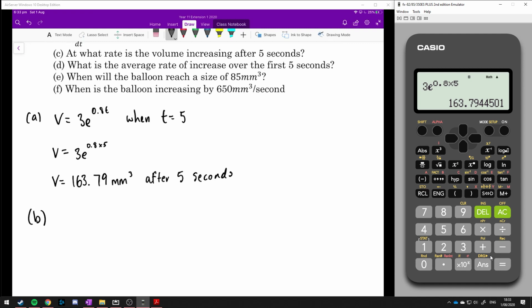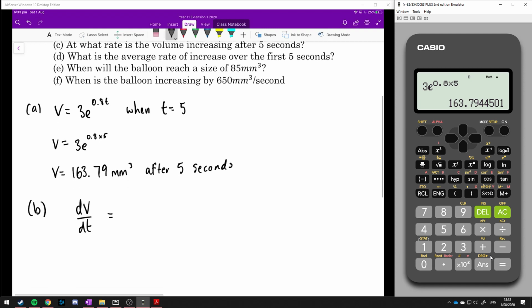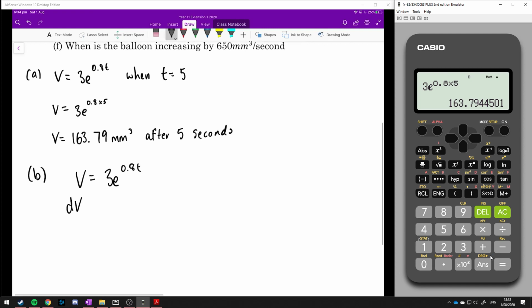So what we're going to do is find what dV/dt is. So V is equal to 3e to the 0.8t. So dV/dt is equal to, now remember the shortcut is that the derivative of this comes out the front. So it's going to be 0.8 times 3e to the 0.8t.